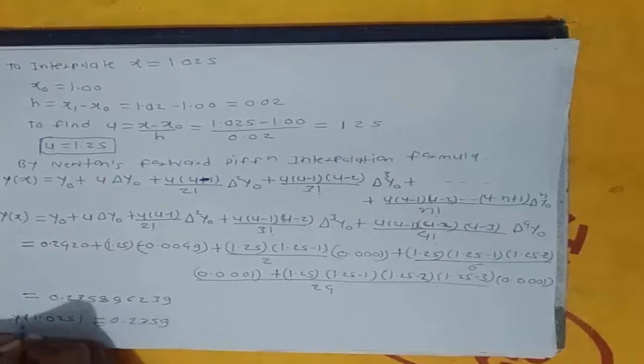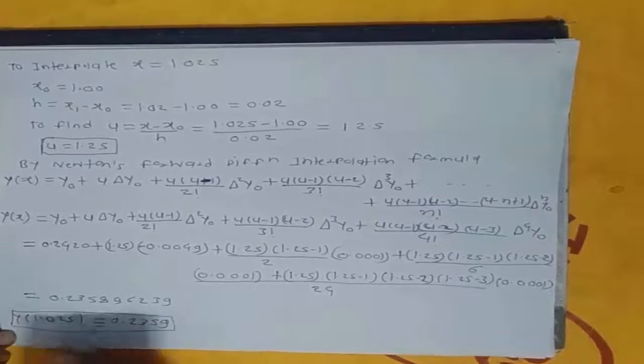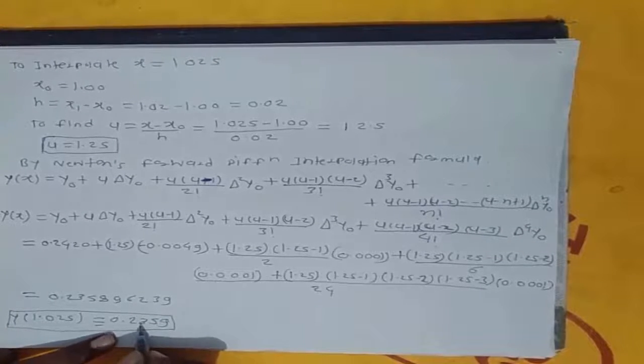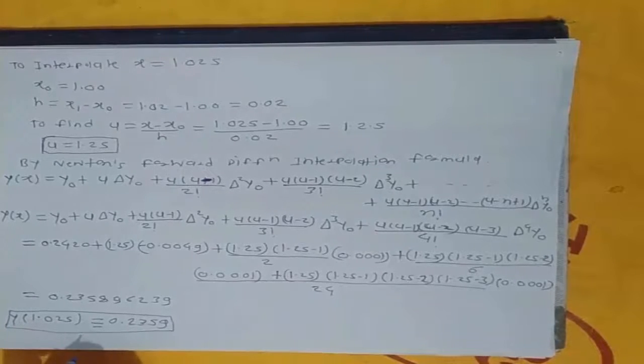Okay, so in this way, by using Newton's forward difference formula, we get the ordinate for the standard deviation 1.025. Okay, so in this way we can use Newton's forward difference interpolation formula. Okay, so we see the next example.